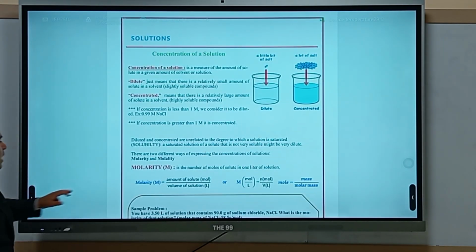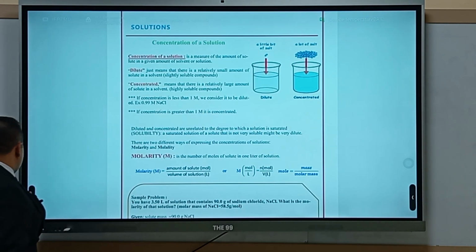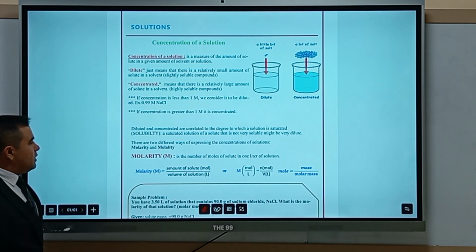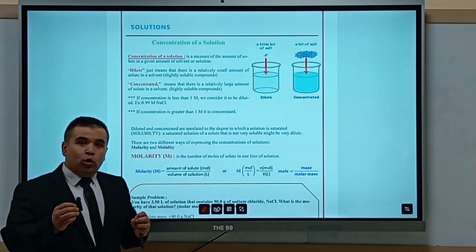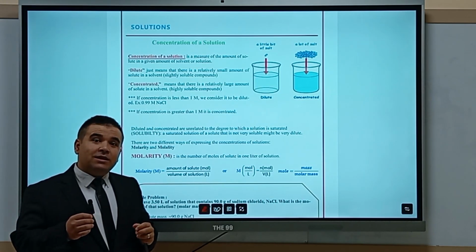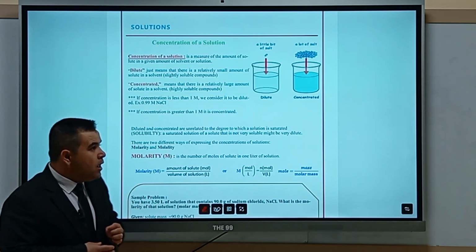Guys, we have to talk about concentrations. Why? Because we will be talking about molarity and molality in the coming chapters.